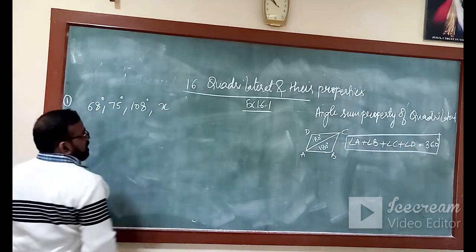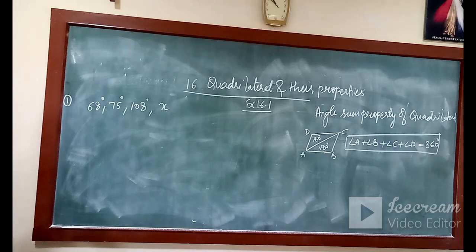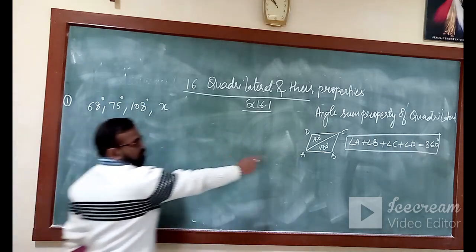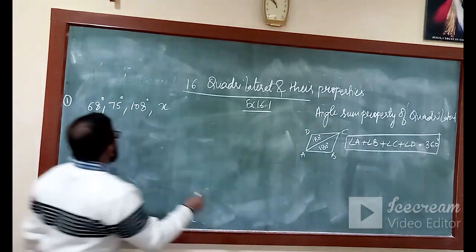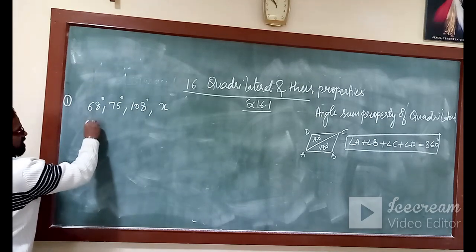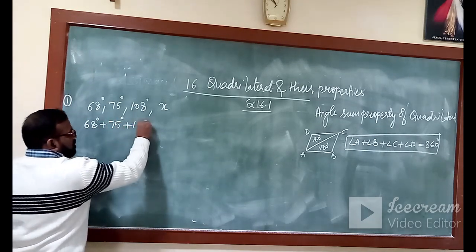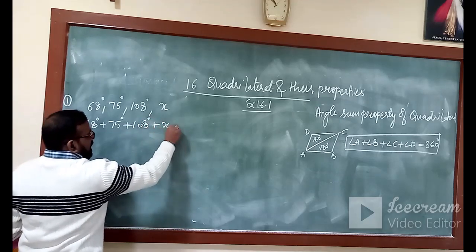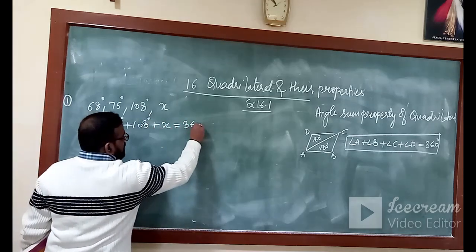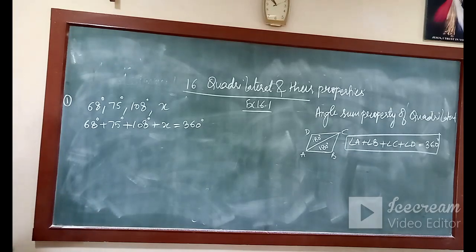Let the fourth angle be x. Since it is a quadrilateral, we will use this property, that is, 68 plus 75 plus 108 plus x is equal to 360 degree.